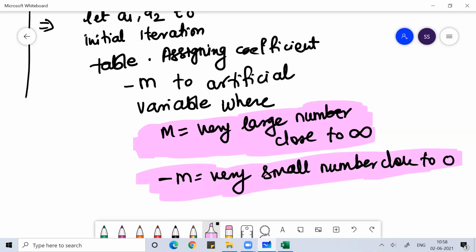In certain mathematical calculations, you introduce these kinds of dummy variables just to run the iteration table, and at the same time you have to make sure they should not impact your solution. That is a very important thing. If they start impacting the solution, then there's a problem.